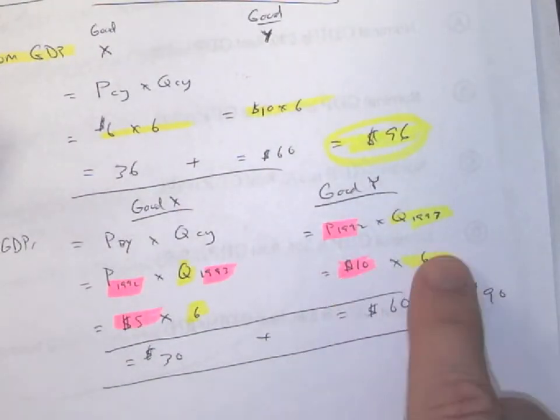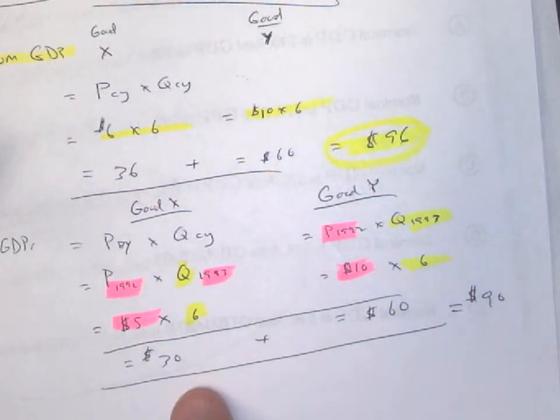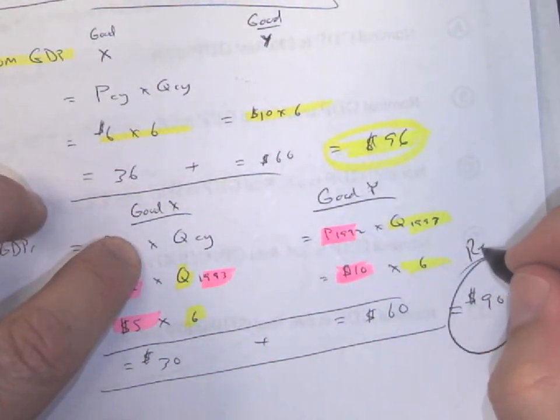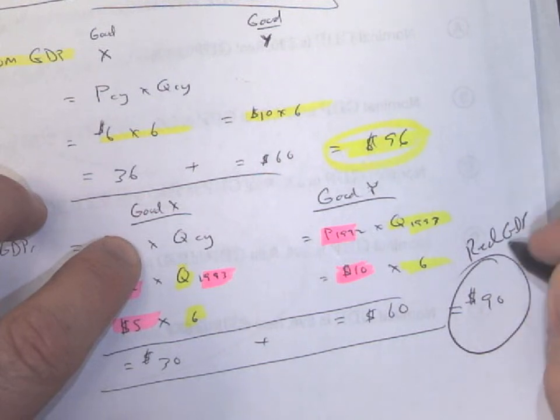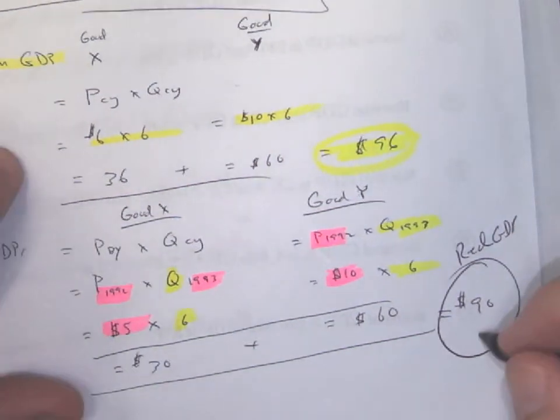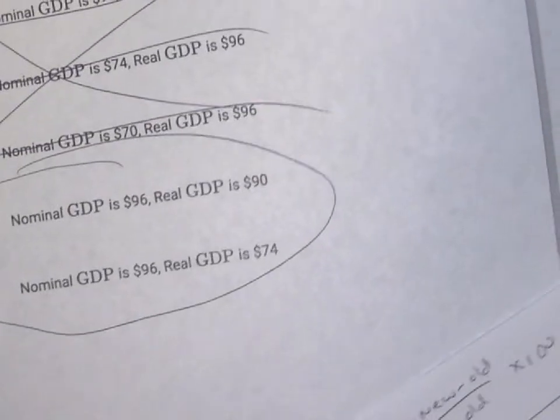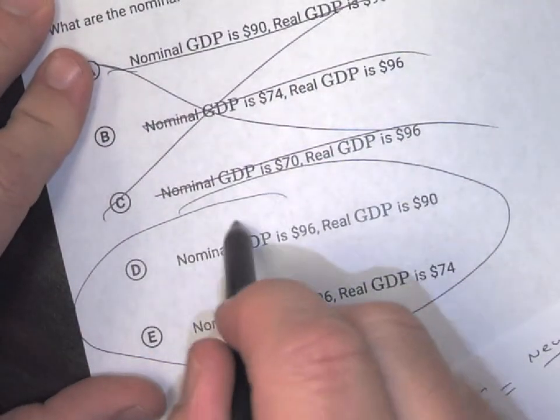So it's simply 10 times 6 and 5 times 6. I'm going to add these two together, and that gives me a real GDP of 90 in 1993. So going back to my question, it's going to be D.